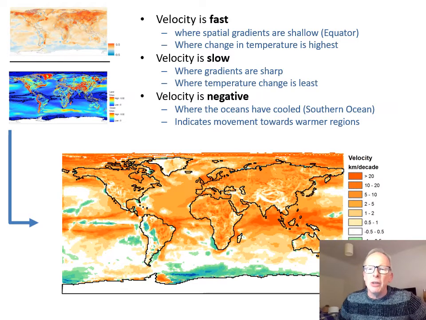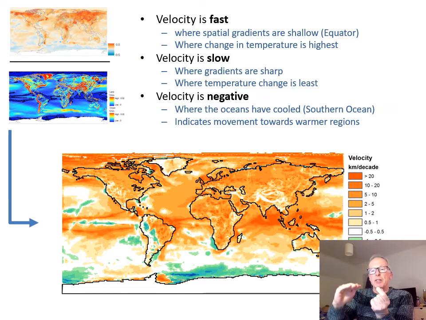So essentially, when the velocity of climate change is fast, we will likely see rapid shifts in distribution ranges. Velocity of climate is fast when spatial gradients are very shallow. That means, over time, if you're at a particular temperature and the overall temperature increases, you'll have to go a very long way to find that same temperature in the future.